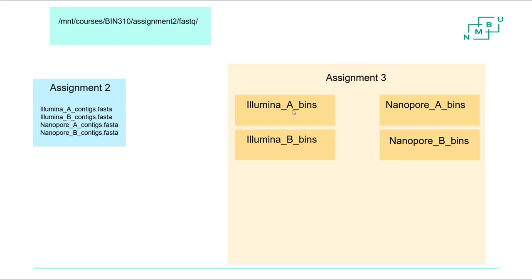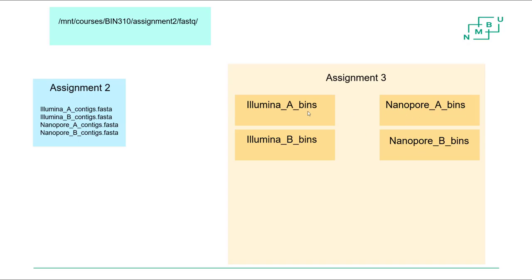MaxBin, MetaBAT, and CONCOCT. All 3 of them on the same contigs, right? But they will group the contigs slightly differently. So you will have 3 sets of bins in this folder, and the same here, and the same here, and the same here.